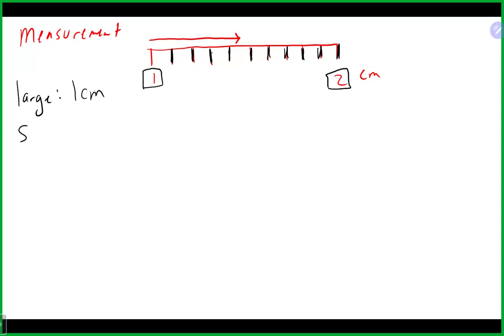Since there are 10 markings between our large markings, 1 divided by 10 tells us that each of those little markings represents 0.1 of a centimeter. So that is 1.1, 1.2, 1.3, 1.4, 1.5, 1.6, 1.7, 1.8, and 1.9 in this case.